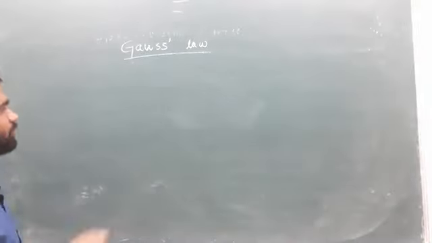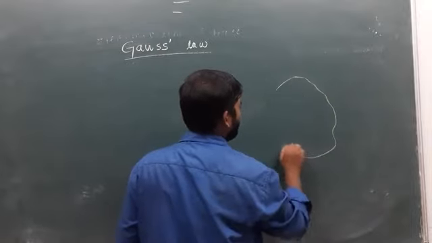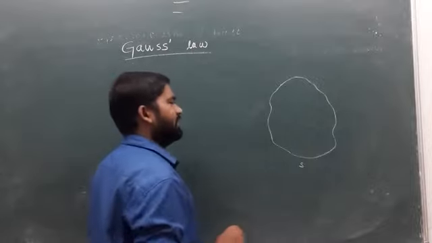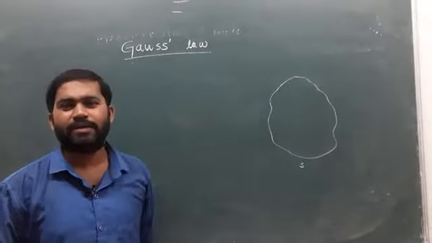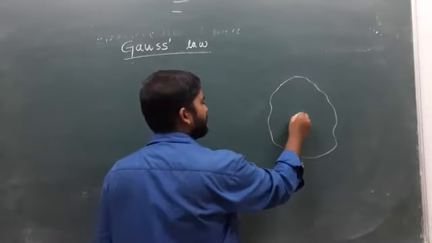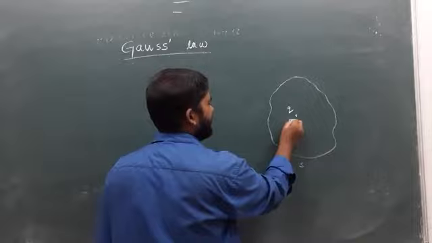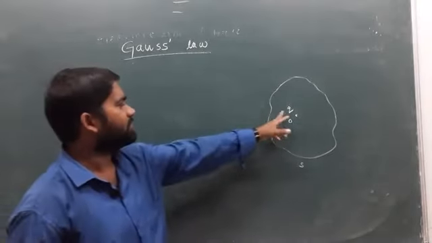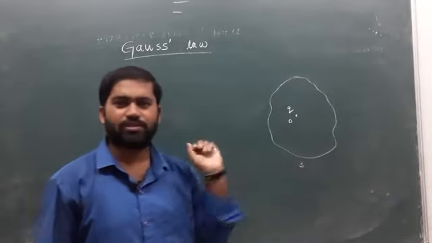So, let us make a simple proof. Suppose I consider any closed surface of area S, and within that surface there is a point charge q at O. So the total charge within the surface is q.